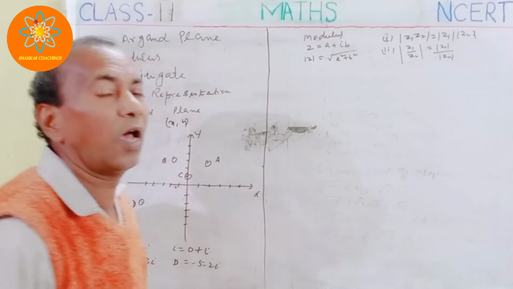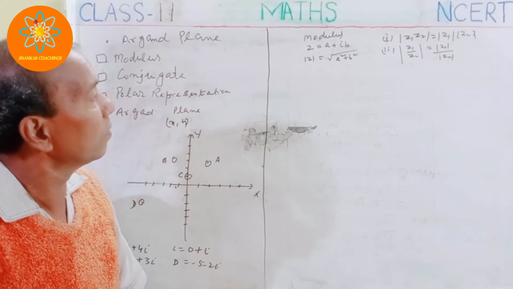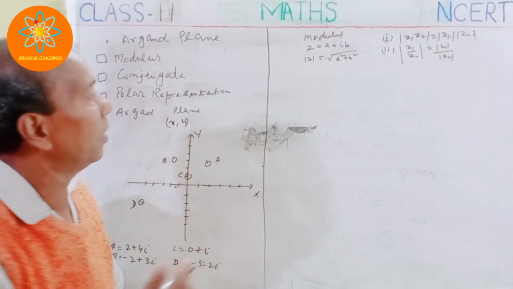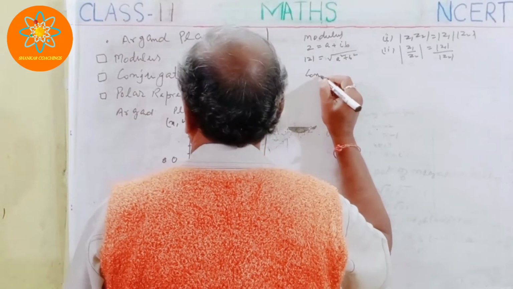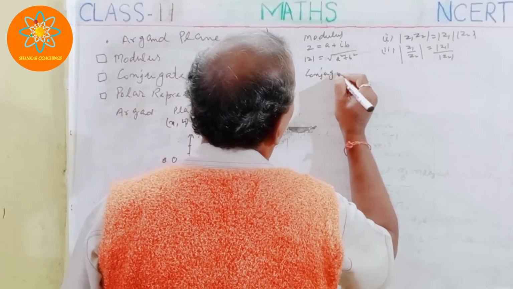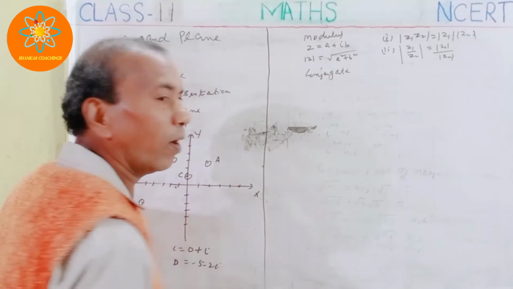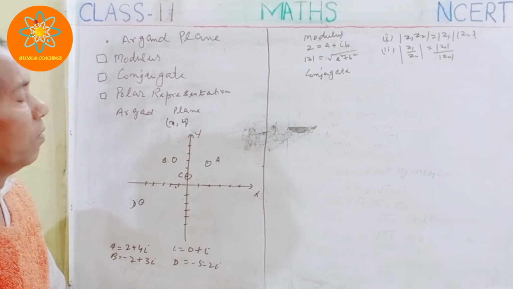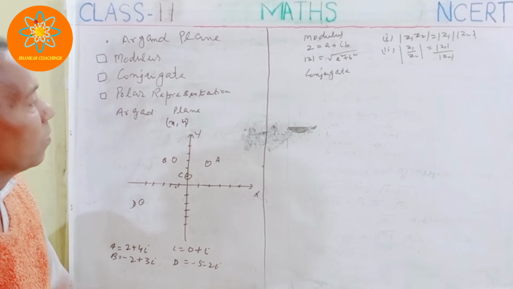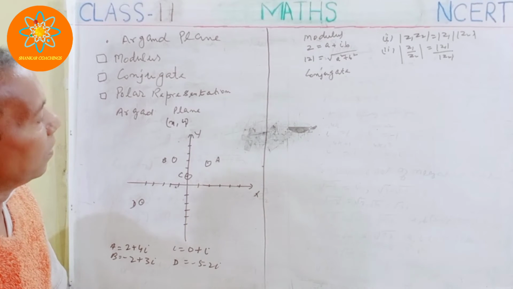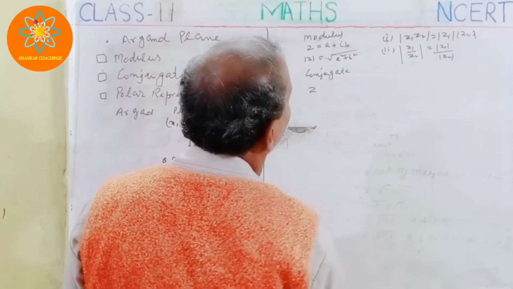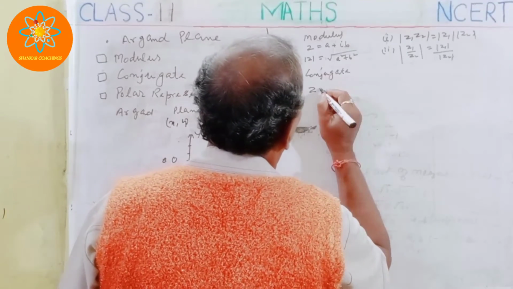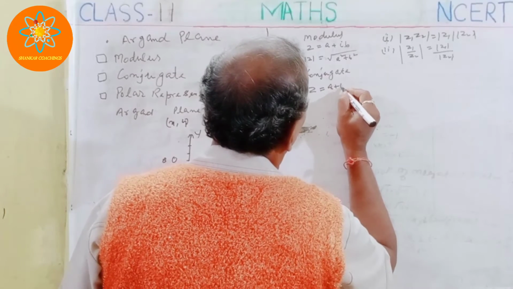Now the next one is the conjugate. What is the conjugate? Suppose z is any complex number, a plus ib.